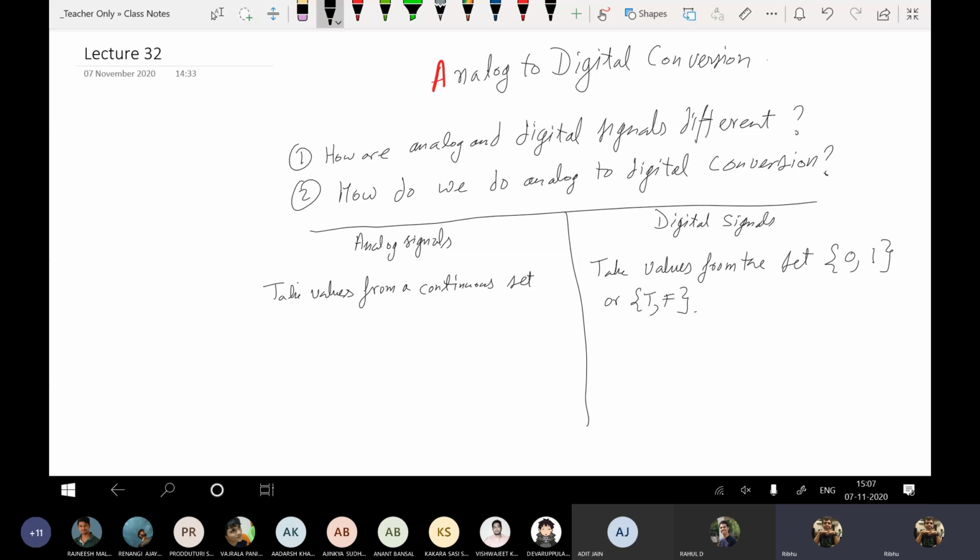Not any discrete set, but specifically this binary set: 0, 1 or true, false.